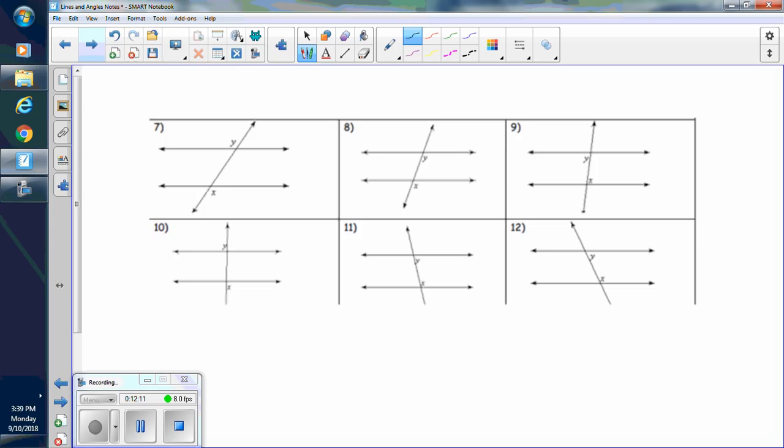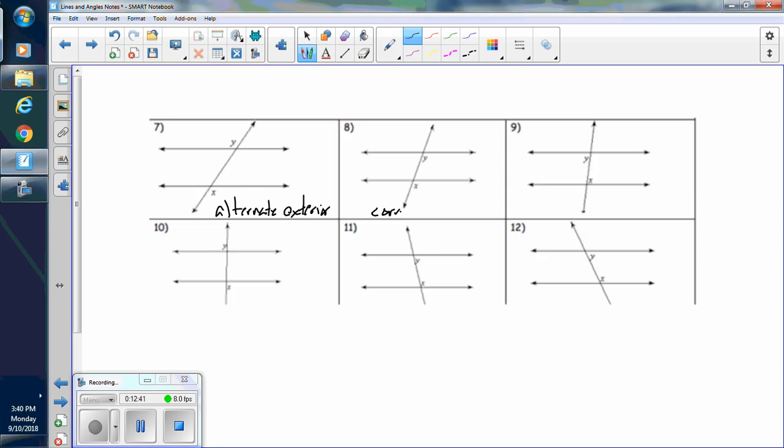Welcome back. Here are the answers you should get. This first one is alternate exterior. The second one, the one in the middle, they're both in the bottom right-hand corner of the intersection.